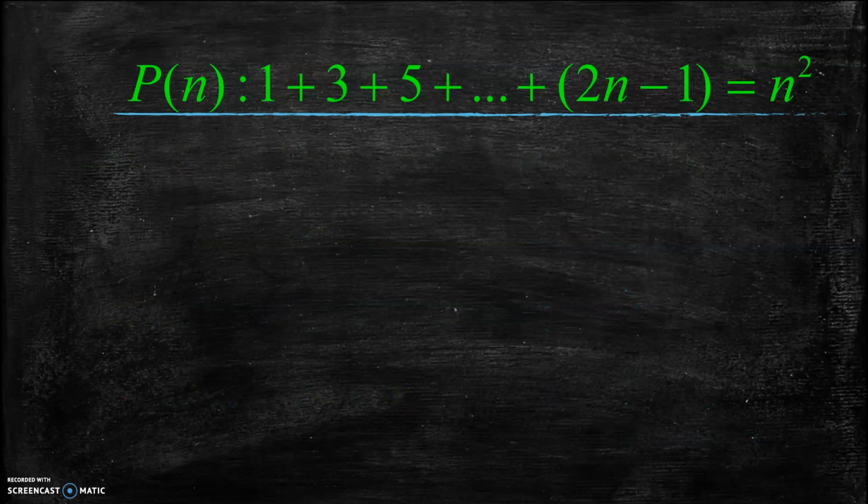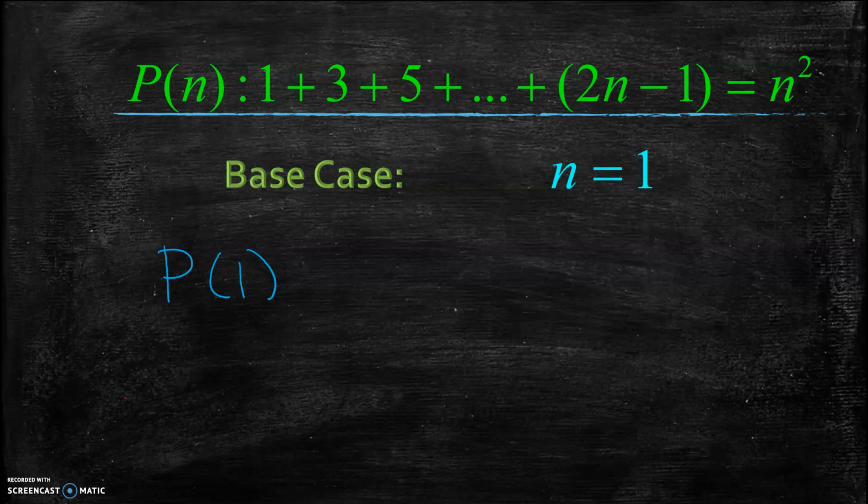Let's begin by calling our sum P of n. To prove the base case, we simply replace n with 1 and solve. So, P of 1 is 2 times 1 minus 1 equals 1 squared.